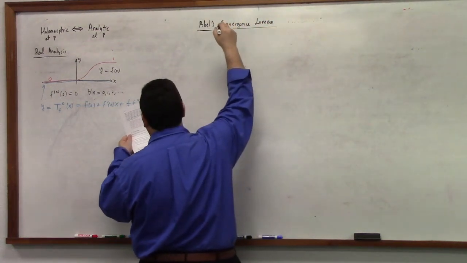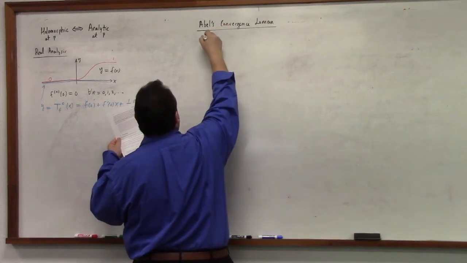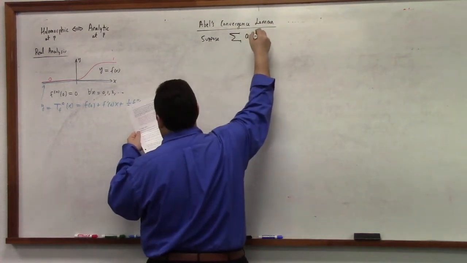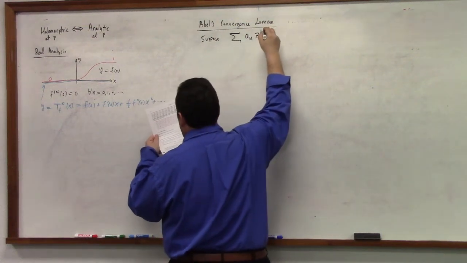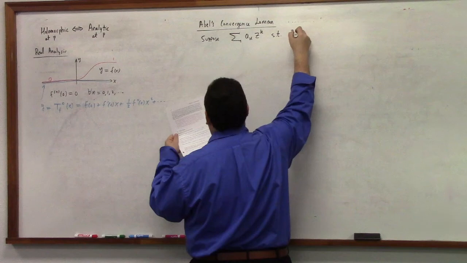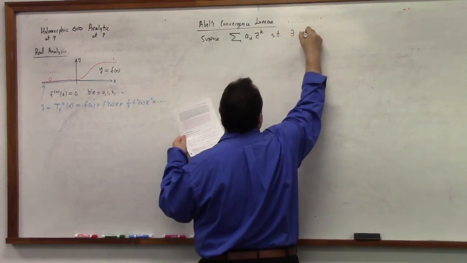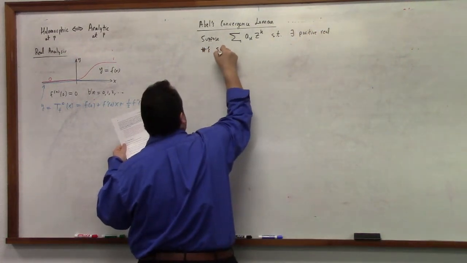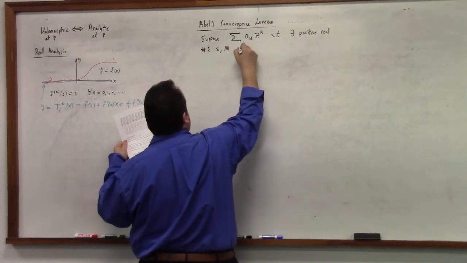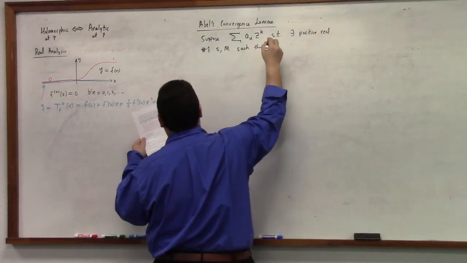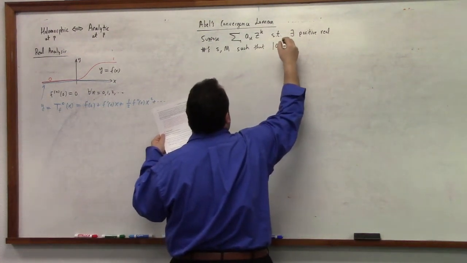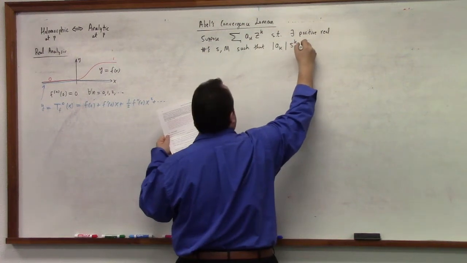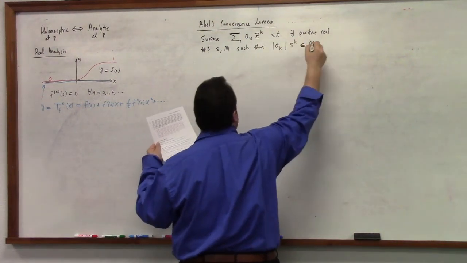All right, and it says that suppose you have a power series sum of a_k z^k, such that there exist positive real numbers s and M such that the modulus of a_k, because that could be complex, times s^k is less than or equal to M for all k.